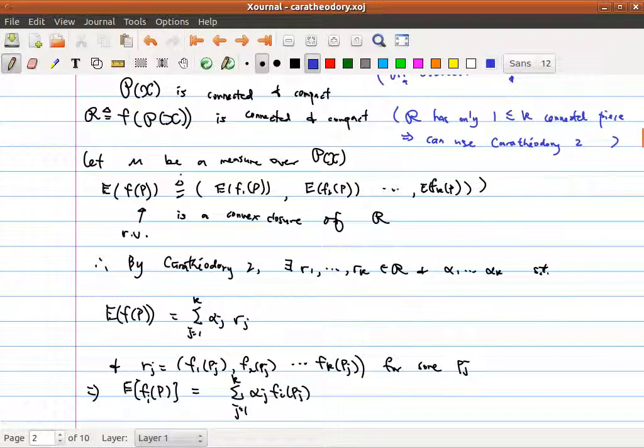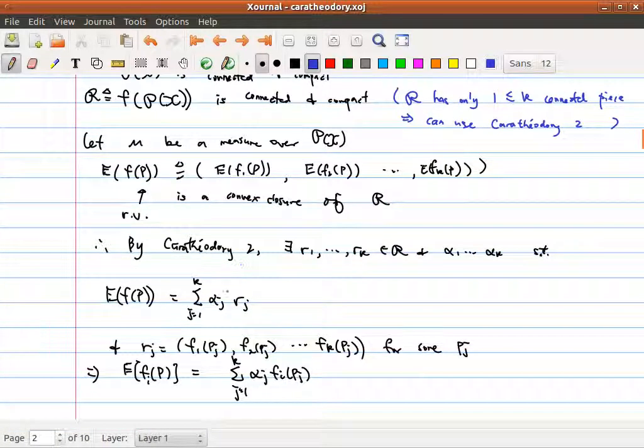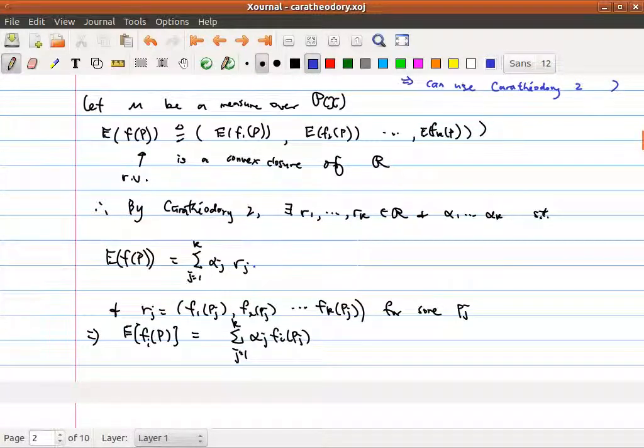Then immediately by Carathéodory we can find k points in this R and alpha_1 up to alpha_k, such that each of these f(p) will be a convex combination of these k points, and these k points are f_1(p_j) and so on.